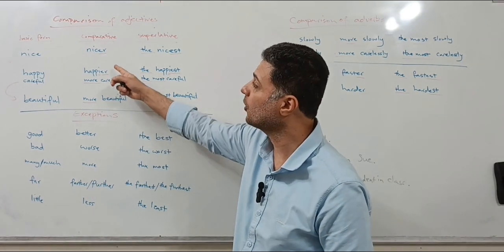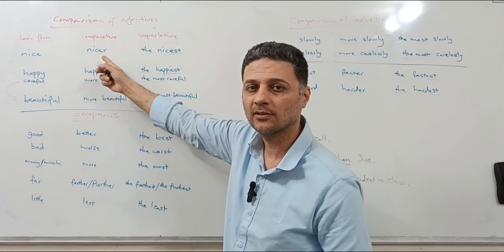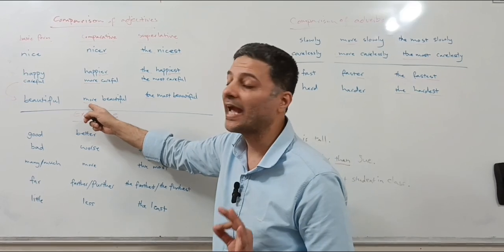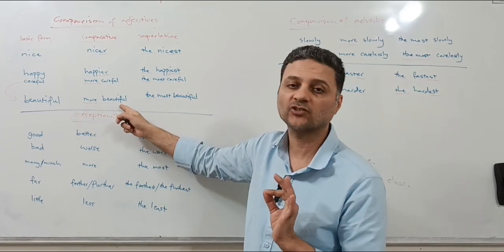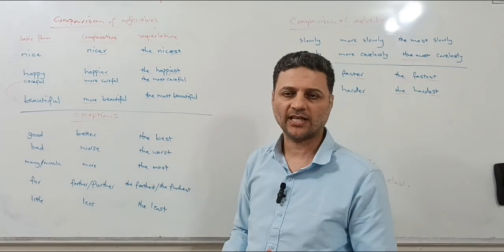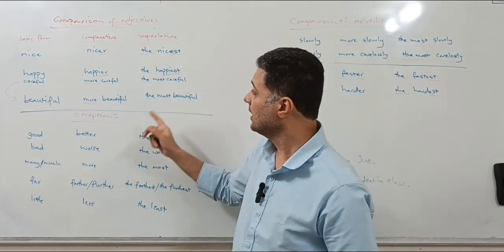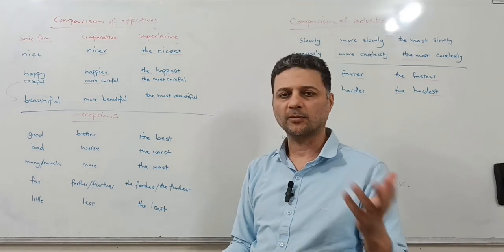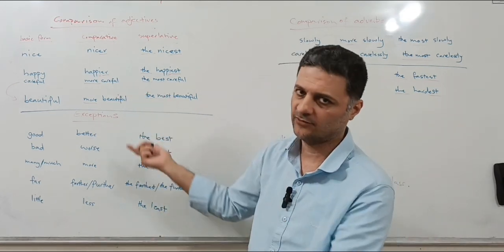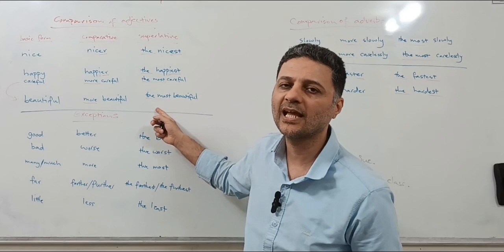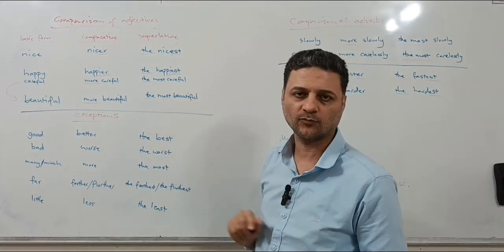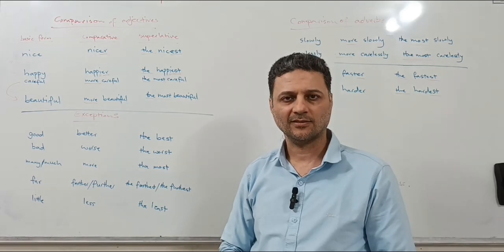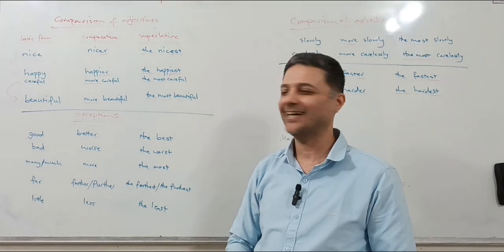We don't add er like nicer, taller, faster, right? We add more before that adjective. Actually, it's not connected like that one. And then for the superlative forms, comparison of more than 2 people, objects, or whatever, we use the most beautiful. For example, Mary is the most beautiful girl in class or in the world, right?